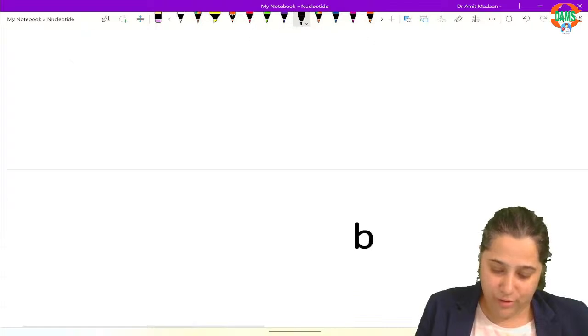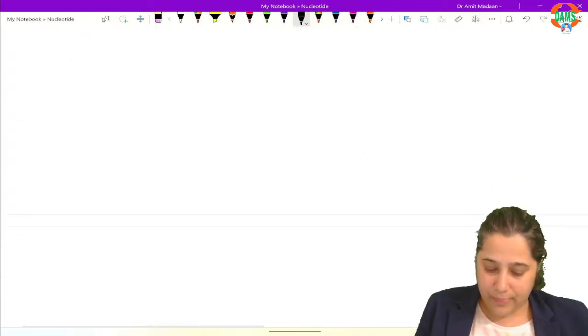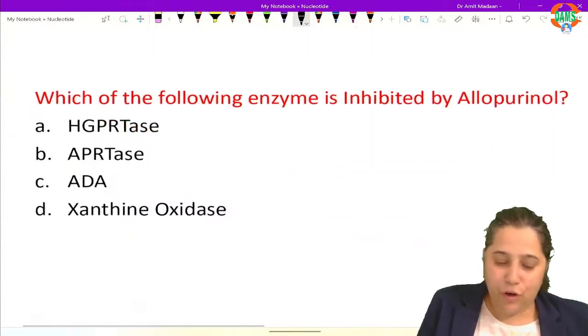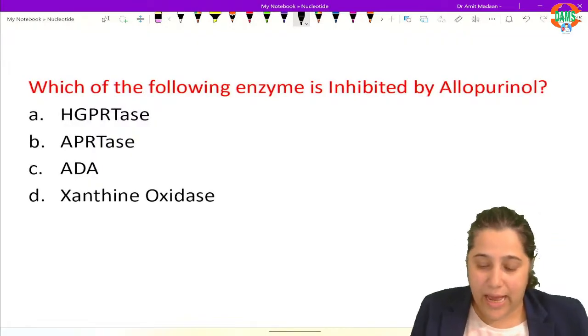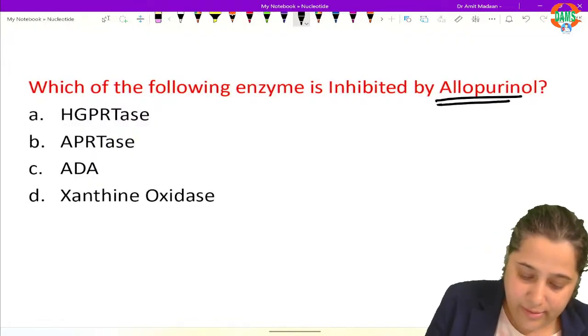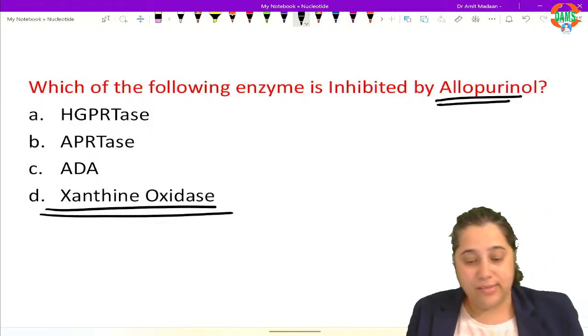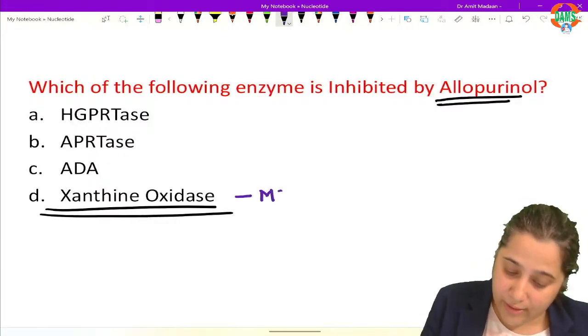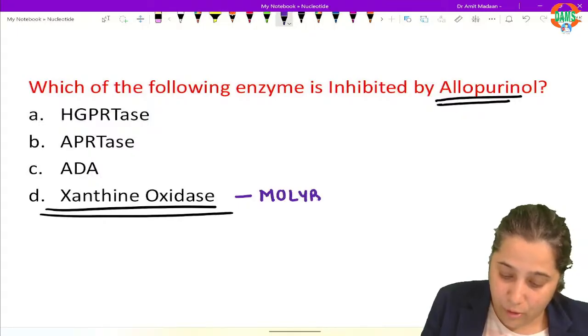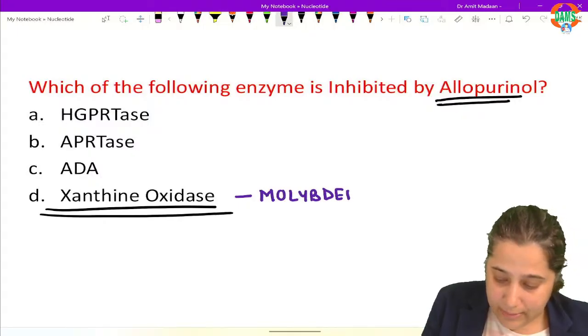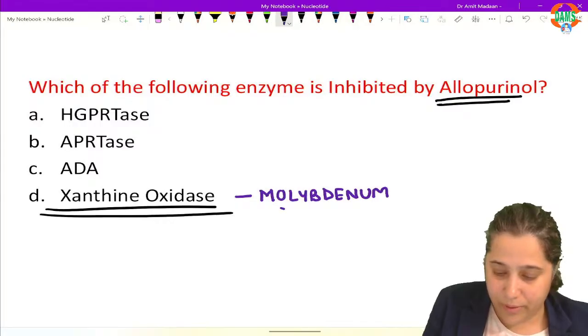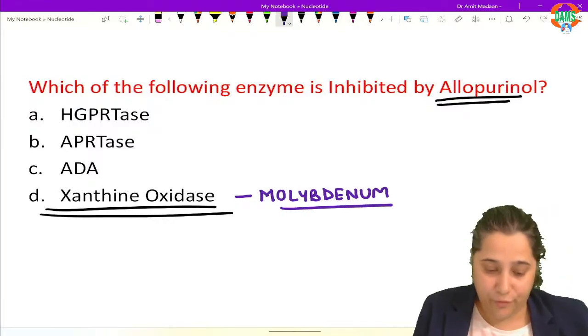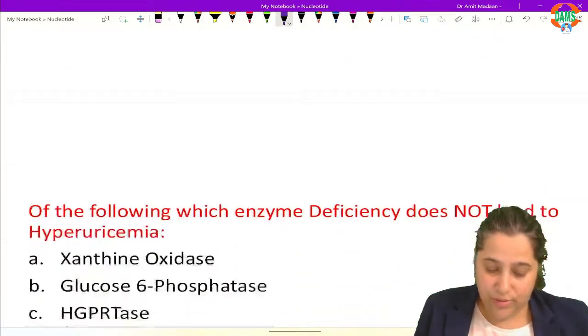Similar terminologies. Which of the following enzyme is inhibited by allopurinol? It is xanthine oxidase. Xanthine oxidase requires a must cofactor, and that is molybdenum. Molybdenum is a must cofactor for xanthine oxidase.